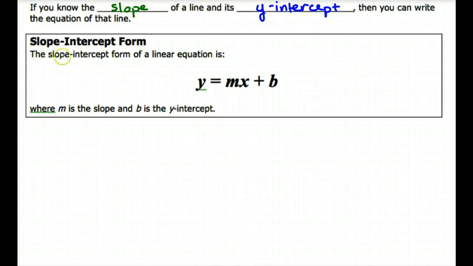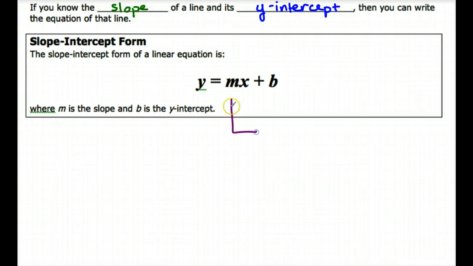We've not actually assigned a name to this before, but if you look down here below, it's going to look pretty familiar to you. Y equals mx plus b. This is the most basic, as I said, form for a line, and this actually has a name, Slope-Intercept Form, and it's named that because it tells you two things just by looking at the equation. It tells you what the slope is and what the y-intercept is. So in the last video, I introduced you to this concept of m representing slope, so you'll notice there's an m in this equation right here.